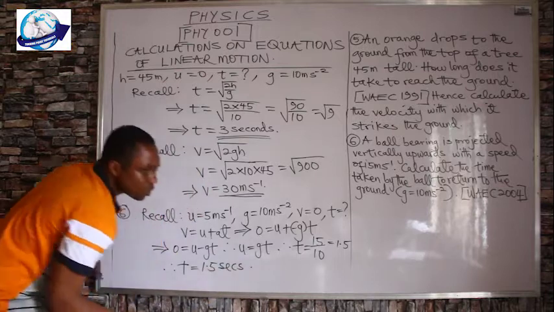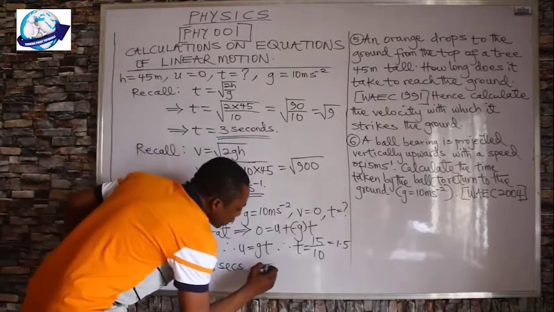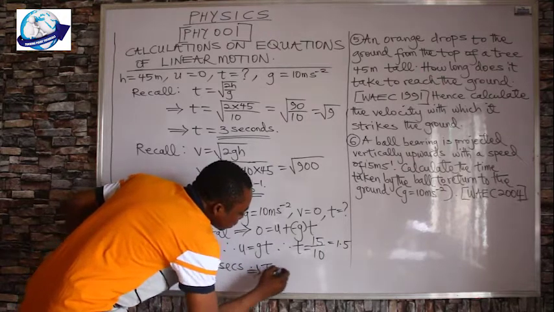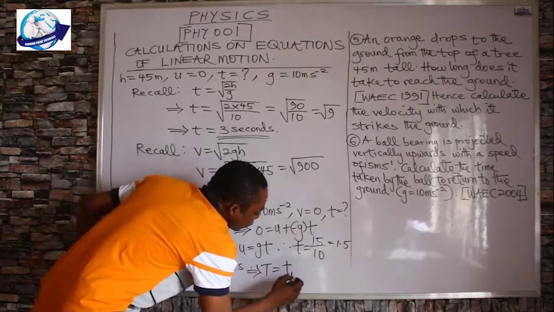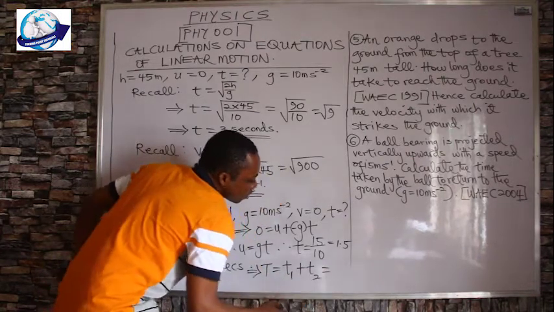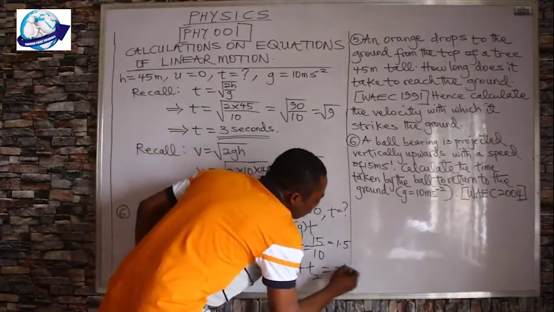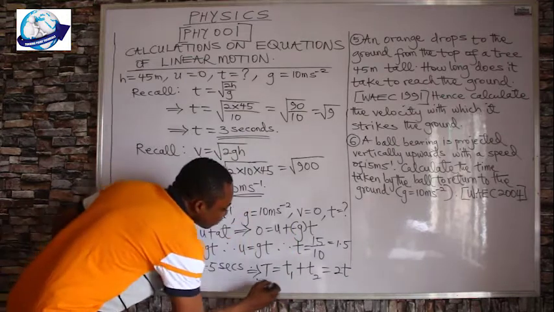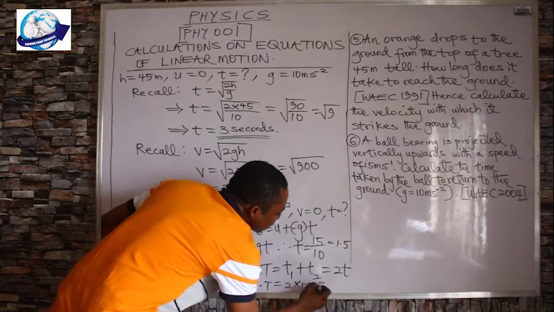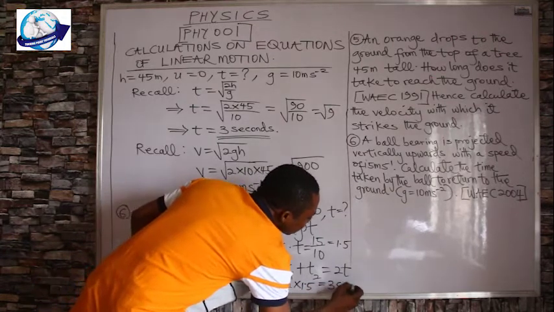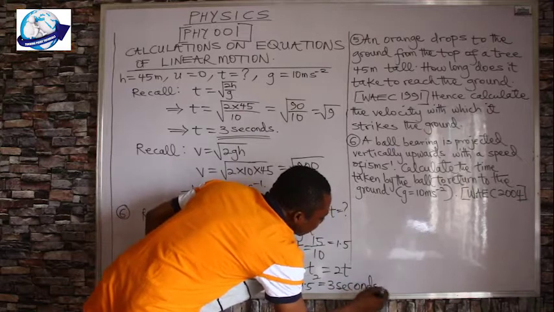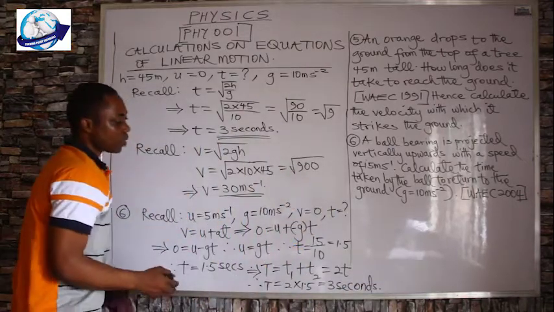Now, the total time is the time to go up, T1, plus the time to come down, T2, and both of them are equal, which is the same as 2T. So the total time is 2 times 1.5, that's 3 seconds. This is the total time it spends in the air before striking the ground.